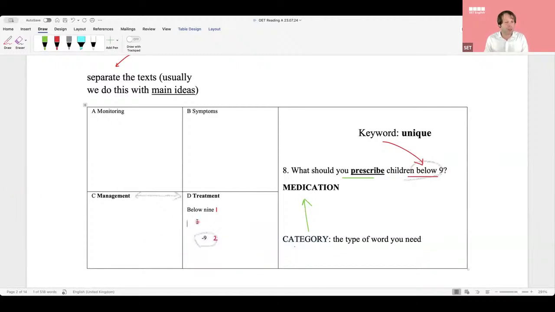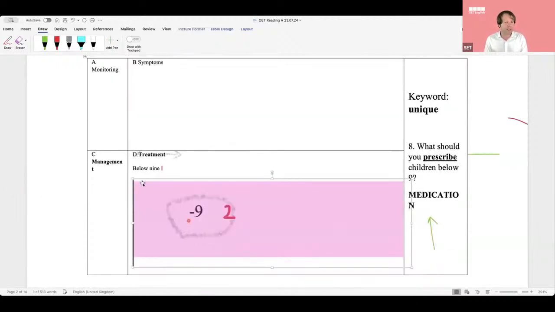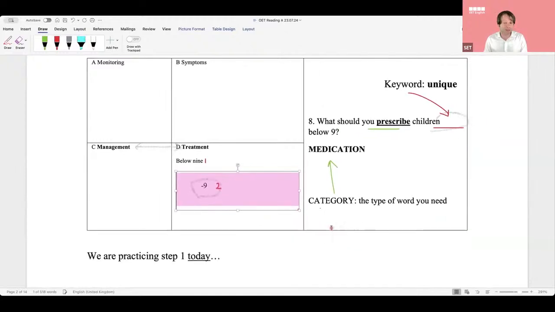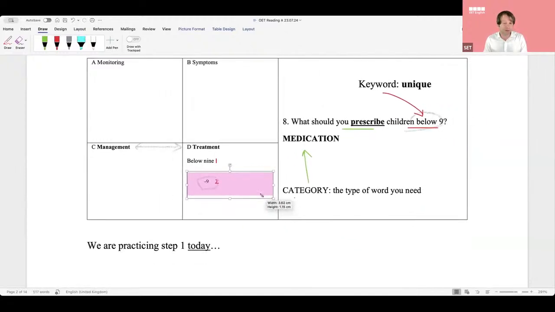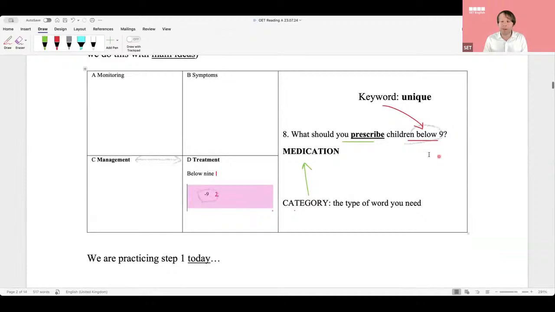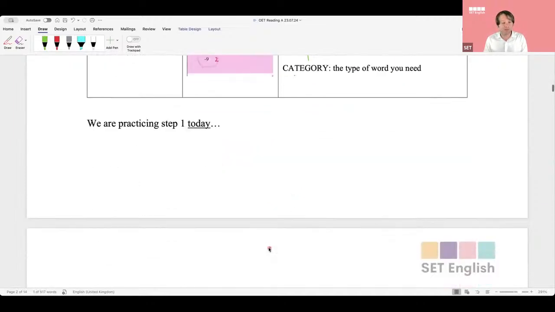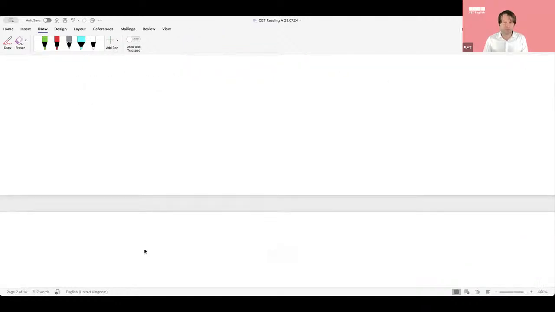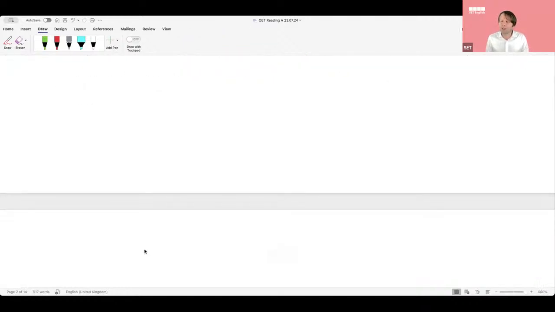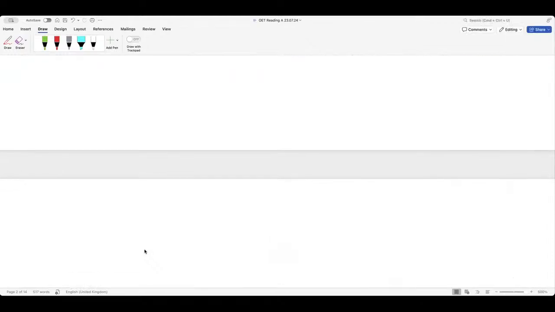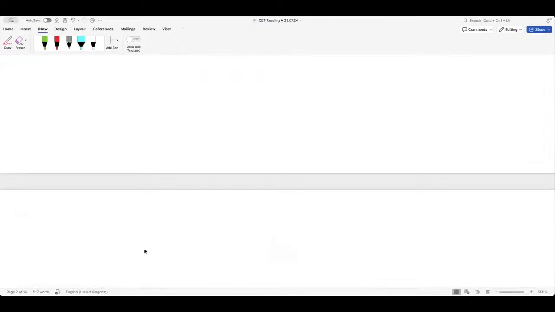With the category, you do not need to worry about that. For example, okay? Below 9, medication. Can anyone remember the question? Prescribe. What do we prescribe under children below 9?